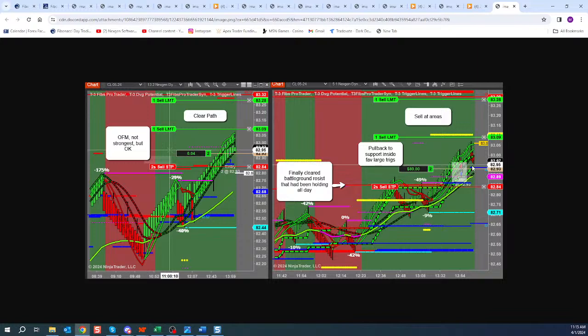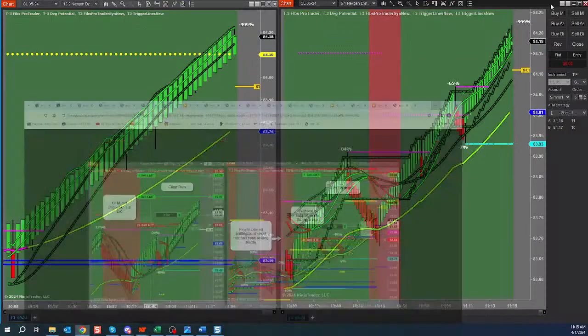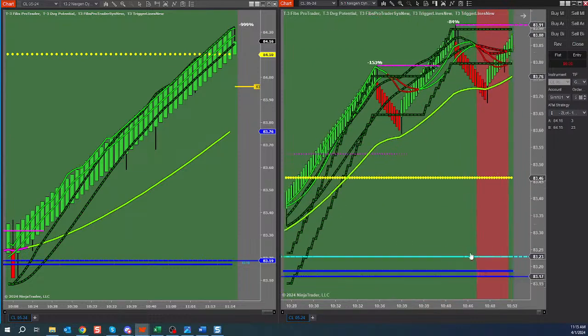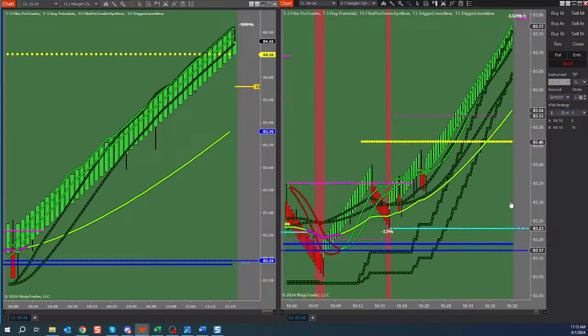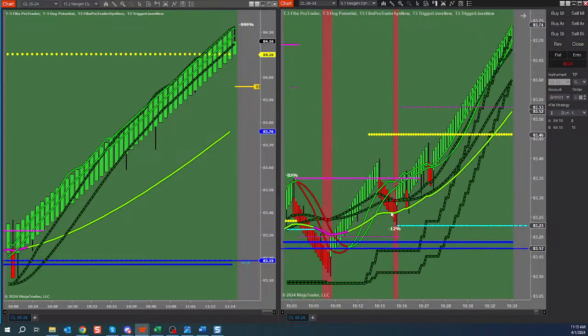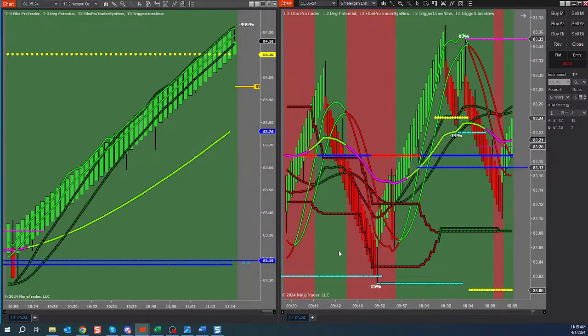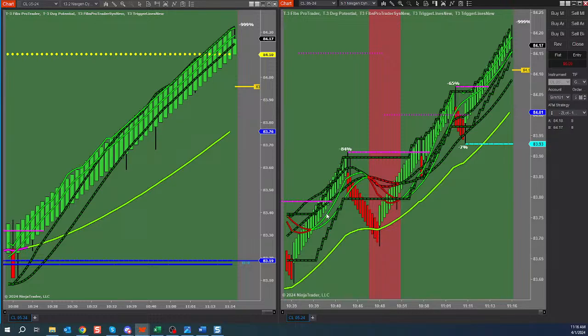And I asked because I want it to be repeatable. How many times is the large triggers going to stop the market, right? How many times are the large triggers going to stop it rather than the areas? So I want it to be repeatable. I want this to be something that you can do every day.